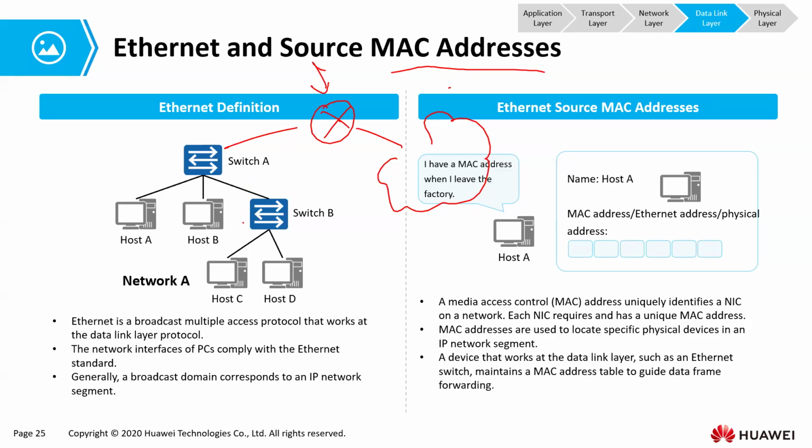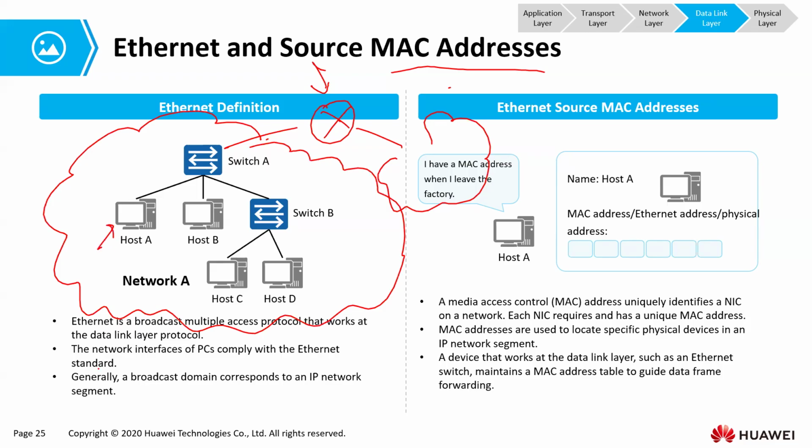A broadcast domain is a domain in a network where, if I send a broadcast, every device in that domain will receive the message. So in this example here, this is a broadcast domain. Why?